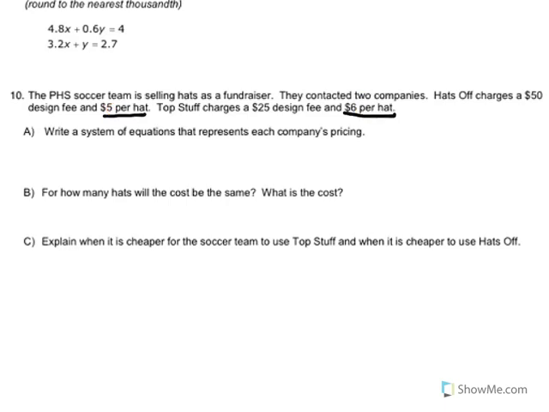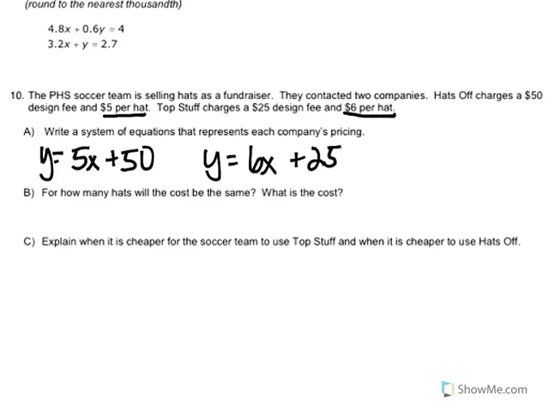So let's go ahead and write 2 equations for these 2 hat companies. We're going to have y equals 5x plus 50, and the other company is going to be y equals 6x plus 25. Because here's our slope, $5 per hat, plus the $50 design fee, and the other one is $6 per hat, and then the $25 design fee.